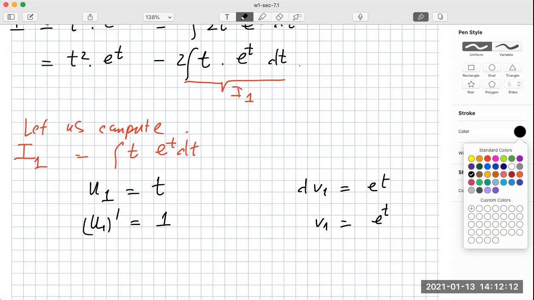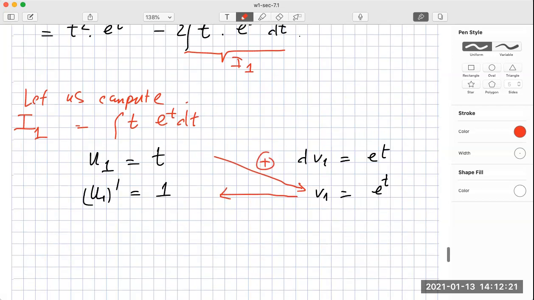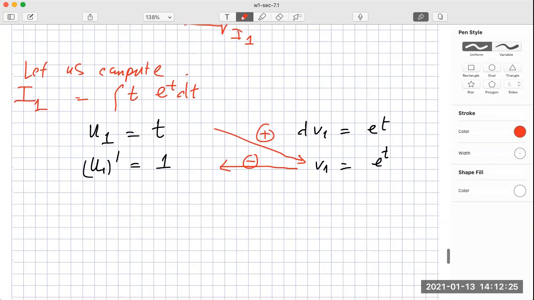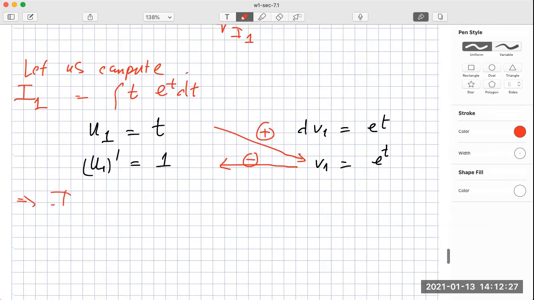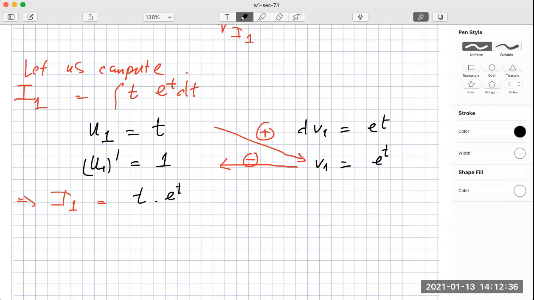Okay. Now the same thing as in this one, subtract the integral of here. Therefore I1 will be, what is it?